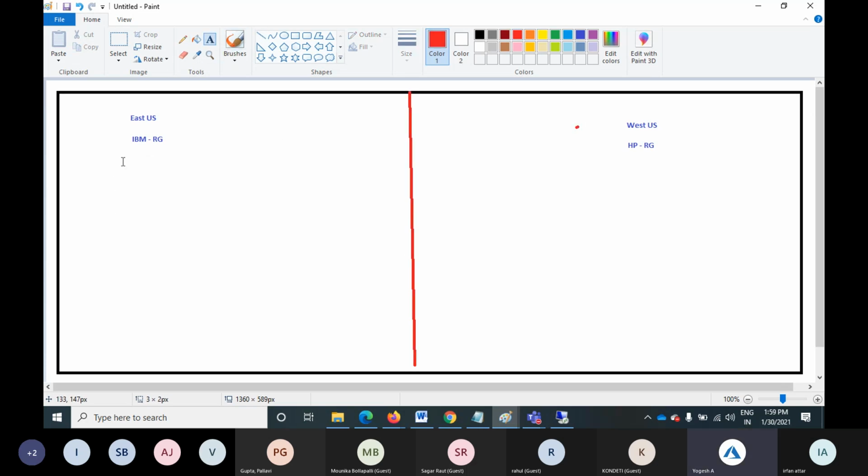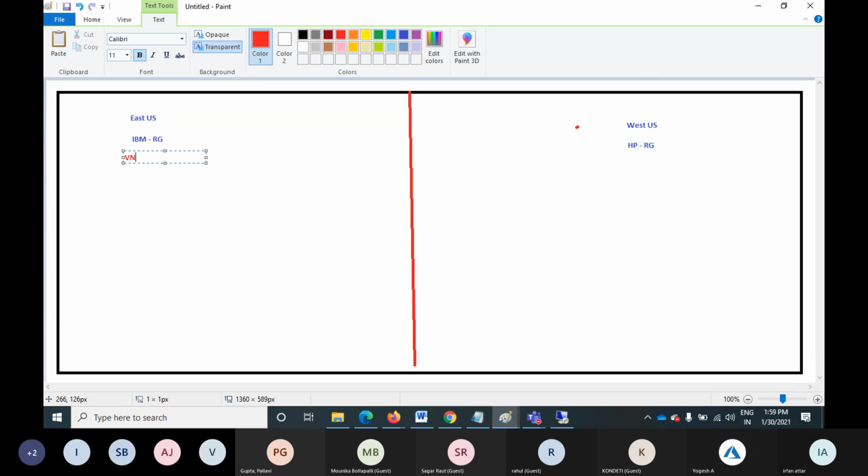And then you need to define the VNet, which is 172.21.0.0/16.